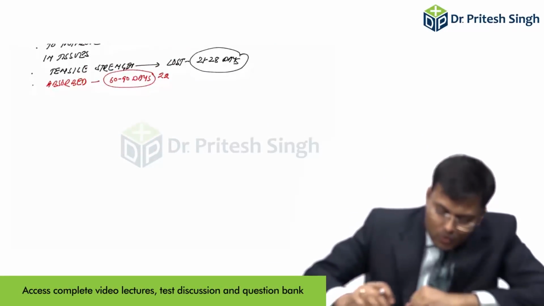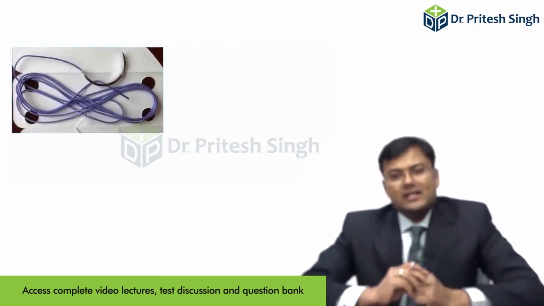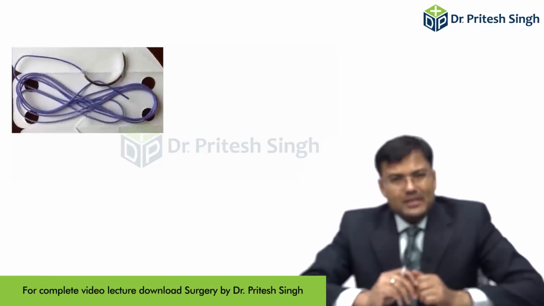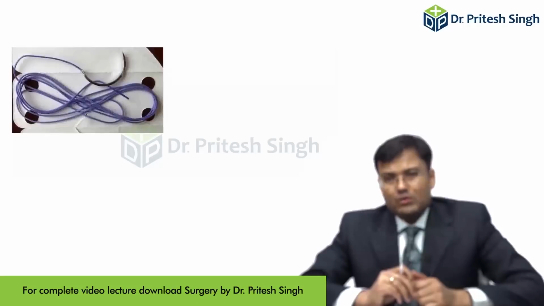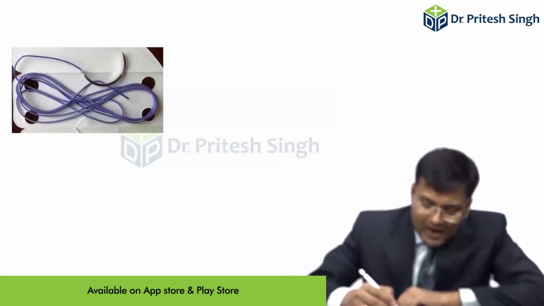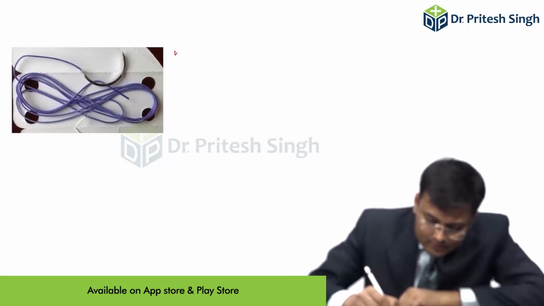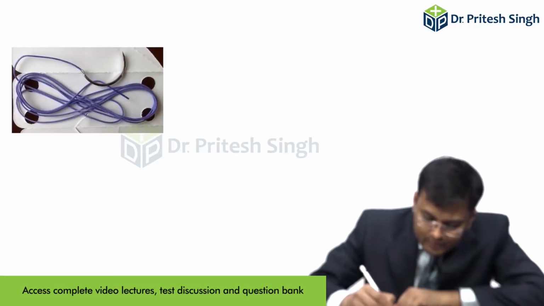So third is Vicryl. Now you can see this suture. This is polyfilament. What is the color of this suture? It is violet. So this is Vicryl. What is the other name of Vicryl?